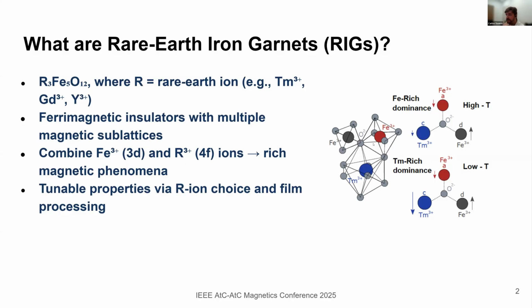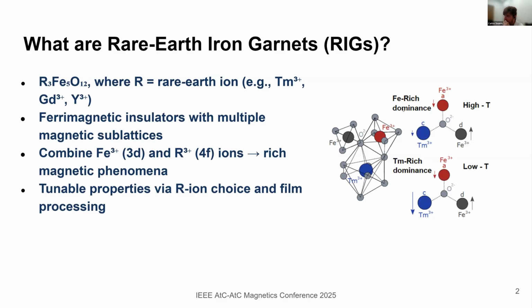You have a three-sublattice magnetic structure where the iron 3+ sits on tetrahedral sites in the oxide, and the iron 3+ on the octahedral sites has a superexchange interaction with it, and then a weak coupling with thulium.